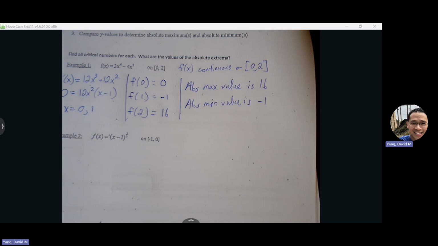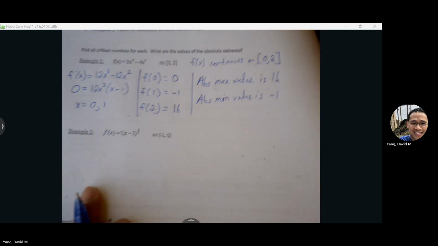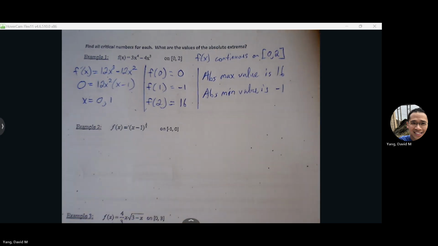But they just use the word value, and we have to understand that they're talking about the y value. So that's really it. We're just doing variations of these problems, but that's basically the steps.